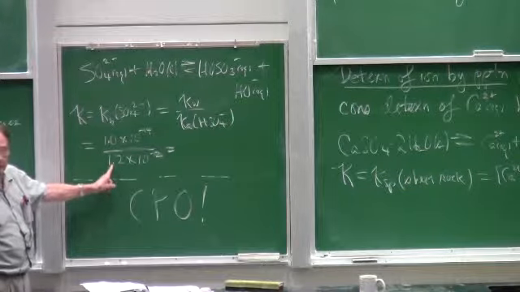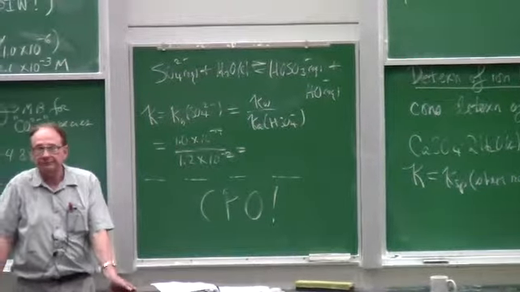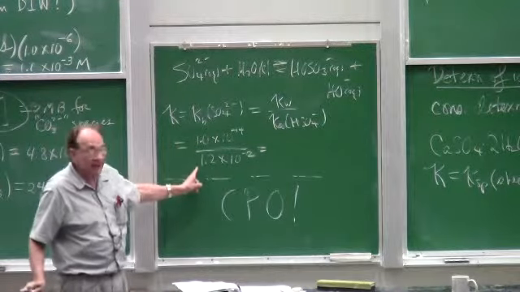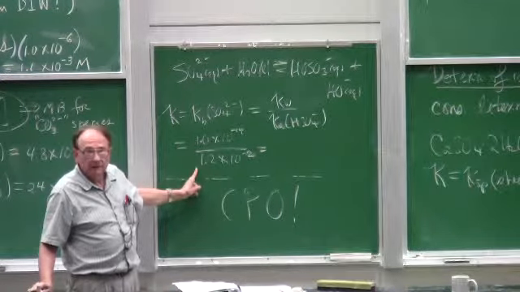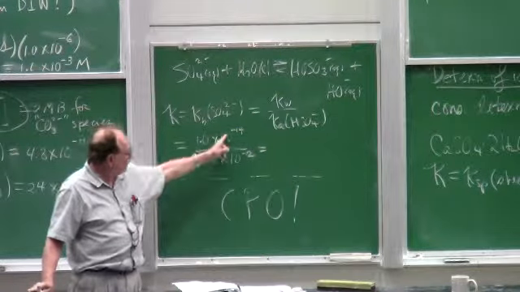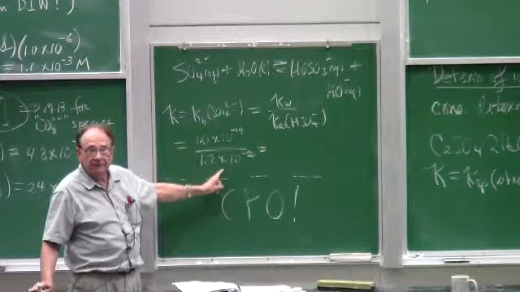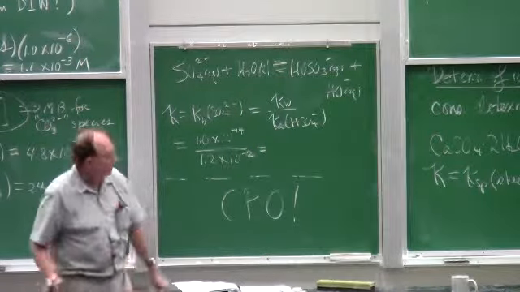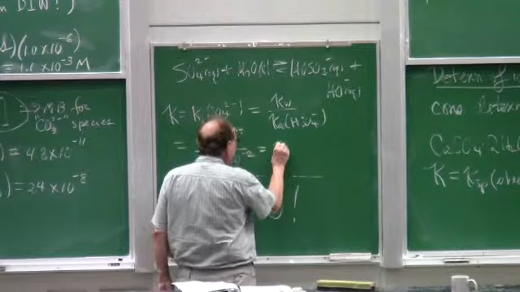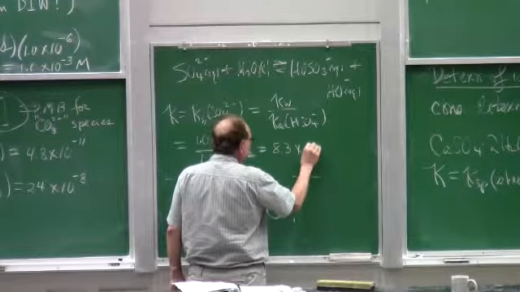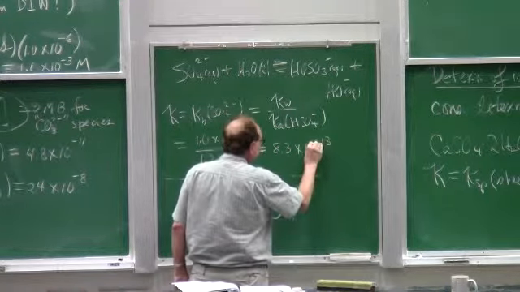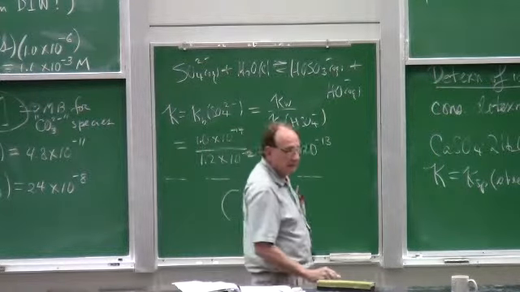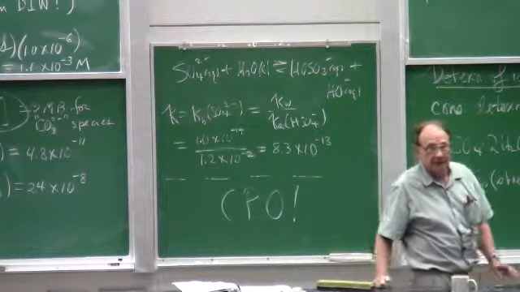What's the gee whiz result of this? This is about 1 divided by 1. So the gee whiz result of this is on the order of 10 to the minus 12. Now if you do the arithmetic, you'll get 8.3 times 10 to the minus 13. Look at the size of that Kb value. Is it big?